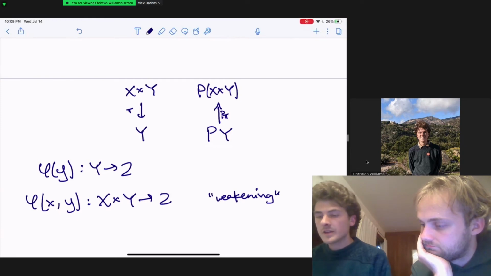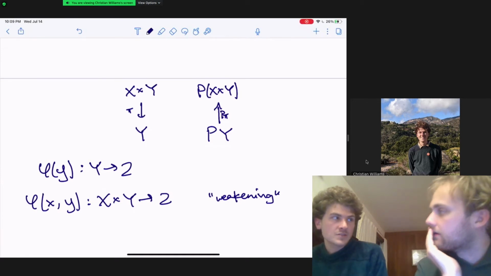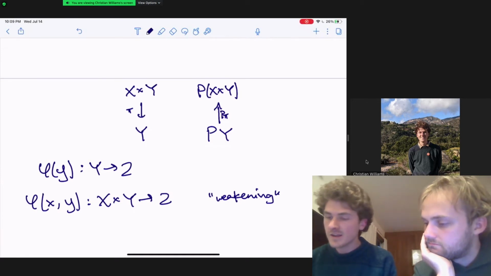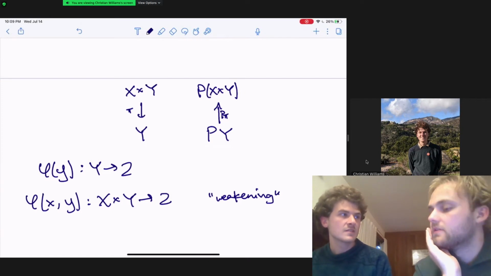So, can you see how this is in some ways a diagonal? In a certain way, every y, whether it was true or false, you're duplicating that and copying it for every x. Sure.